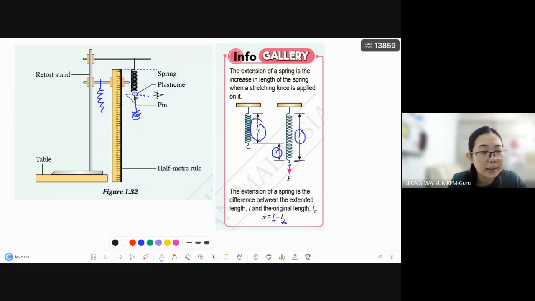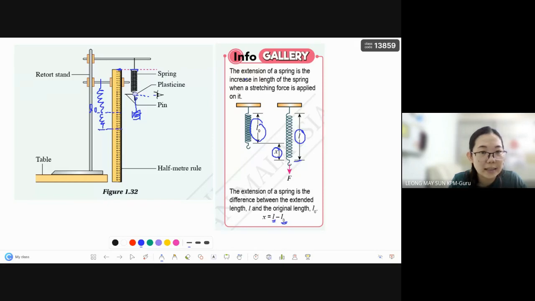In this particular picture in the textbook experiment, they put the zero at this level. Actually, you don't have to. You just have to hang it over there. Wherever that position is, we can consider that length as L naught already, because when it gets extended, what we want is the extension.